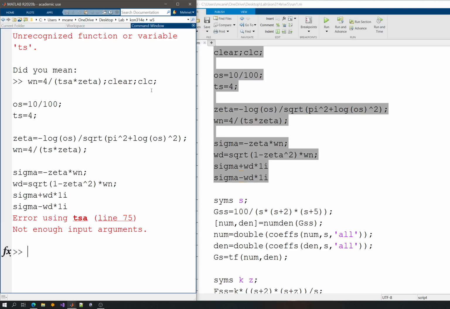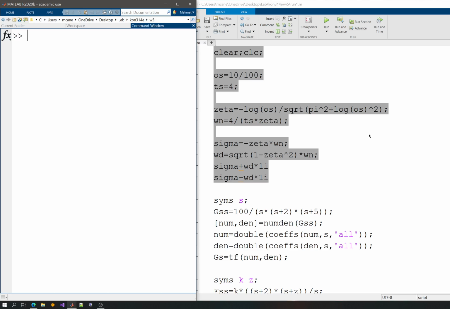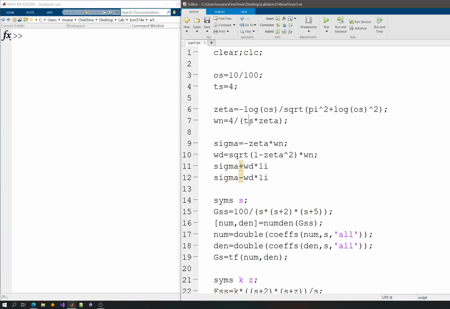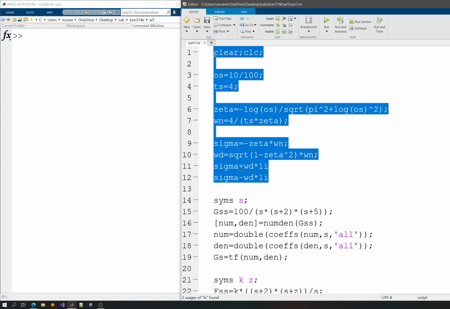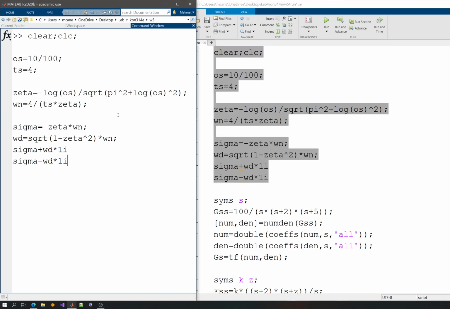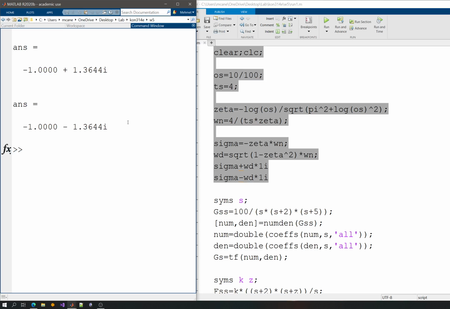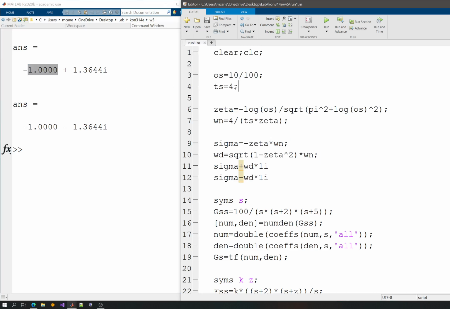If I run this part, hopefully there's something like TSA. Interesting. You can see that my design point is exactly here. And since zeta times omega n is equal to 1, and 4 divided by 1 gives me exactly 4, my settling time formula is satisfied.